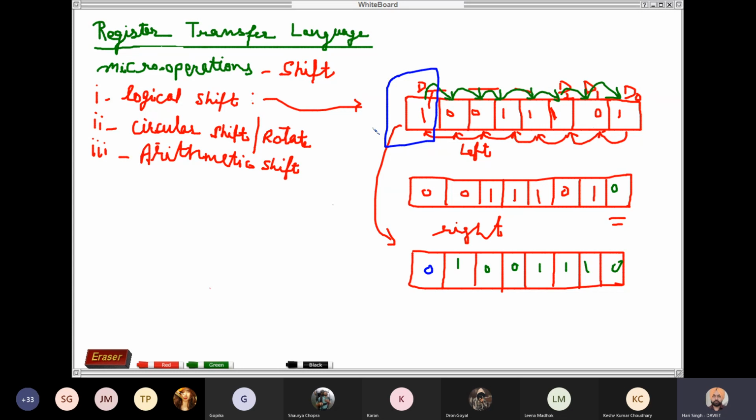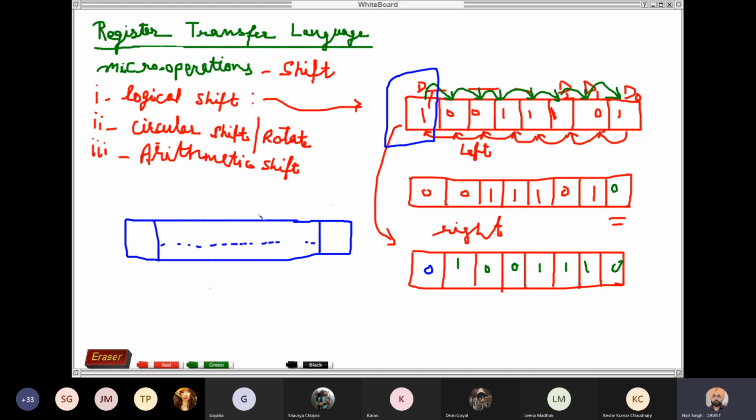So symbolically, it is represented as follows. This is a register. If we want to represent a logical shift operation, say these are the bits of the register. This is bit D0 and this is bit Dn minus 1, if it is an n-bit register.